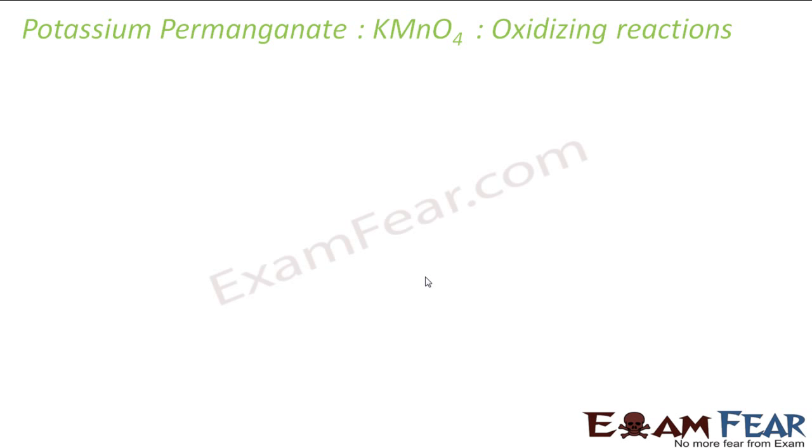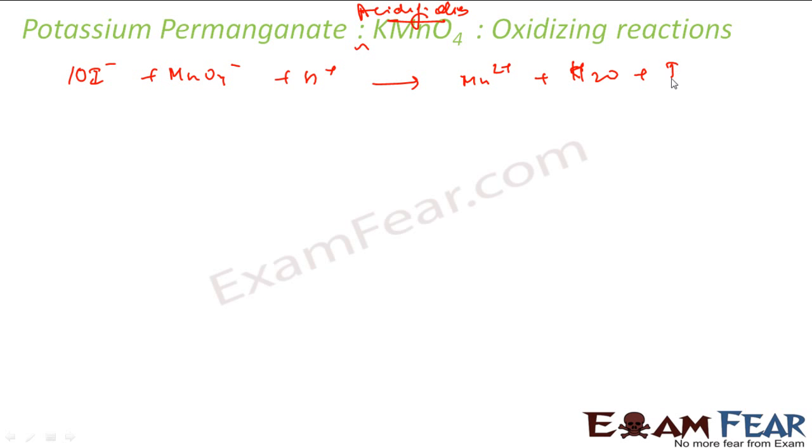Now we'll take some reactions where acidified KMnO4, I'll use this word now, acidified, because we have seen that in case of acidic medium, this reacts better. I told you iodide, it will oxidize that, so you take MnO4 minus and we take acidified medium, so it will form Mn2 plus, water and iodine gas. You can actually balance this.